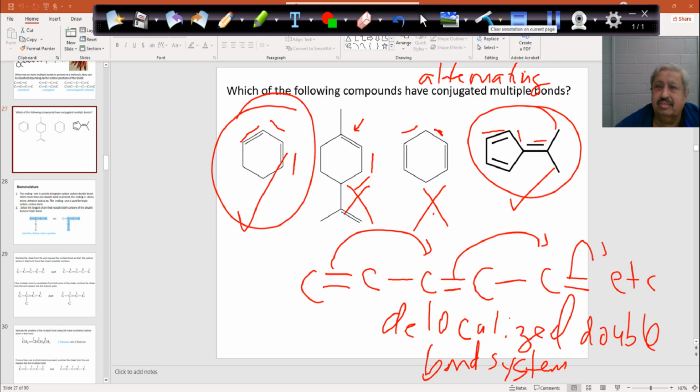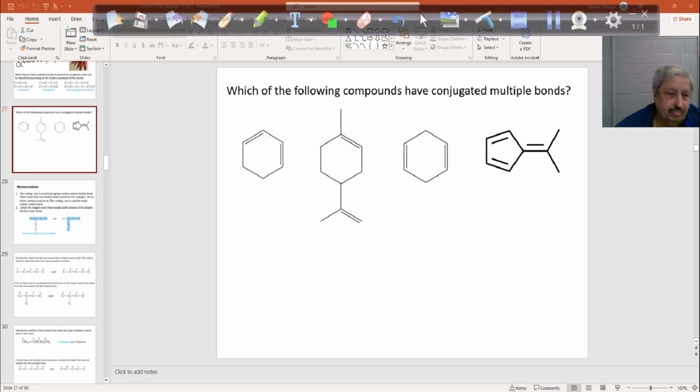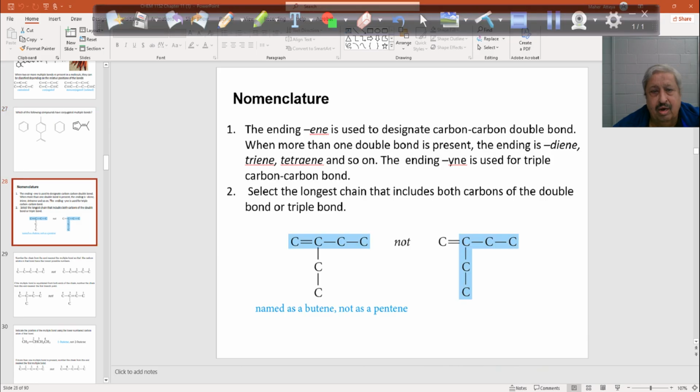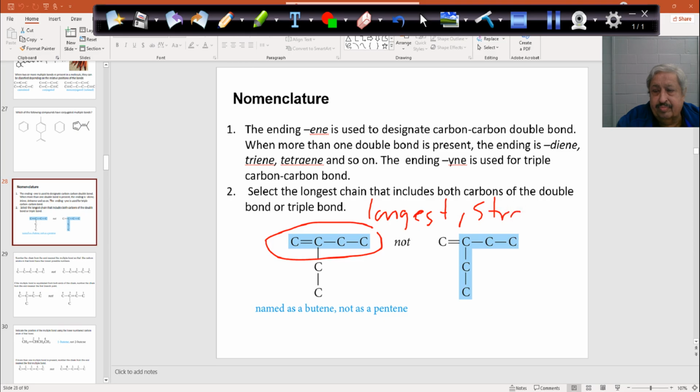Okay, guys, so let's go for the next topic. Nomenclature. We talked about this before, because this is in alkanes as well as in alkenes and alkynes, all the hydrocarbons. As a matter of fact, in all of organic chemistry, always our base is the longest straight chain.